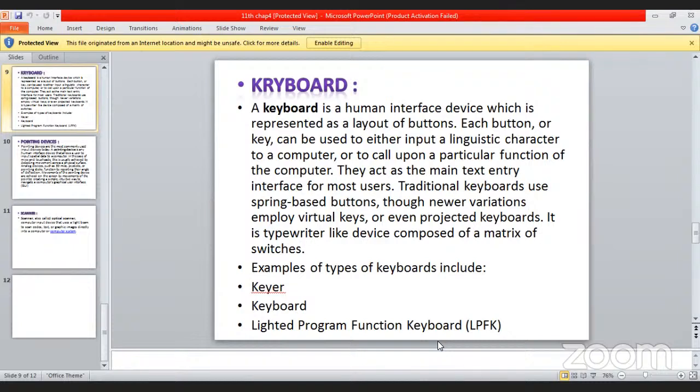Fourth type is a virtual keyboard. What is a virtual keyboard? A keyboard used on smartphones is called a virtual keyboard. That keyboard appears when needed and disappears when typing is completed. Means it can be automatically set as per need.